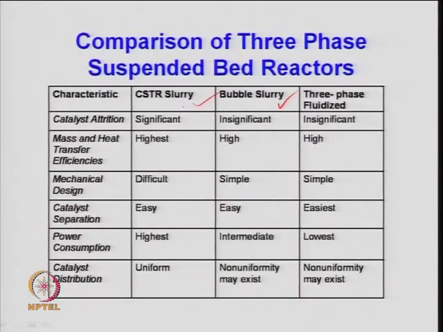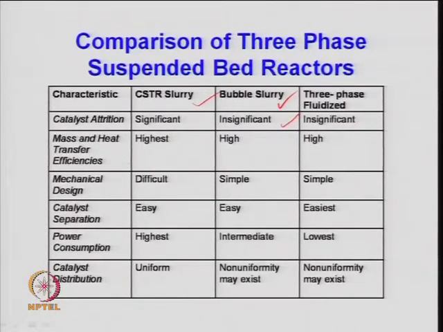If the catalyst is a soft material, then you should not use a CSTR type of reactor. In bubble slurry it does not matter, because the particles are smaller and in suspension, so it is insignificant. Same thing in the 3-phase fluidized bed, catalyst attrition is insignificant.